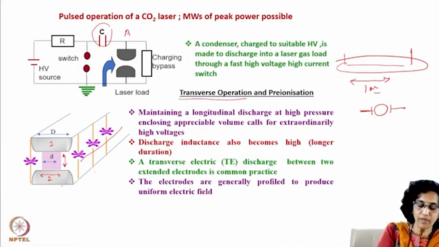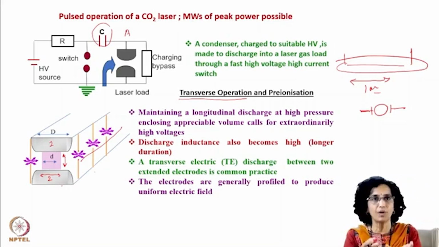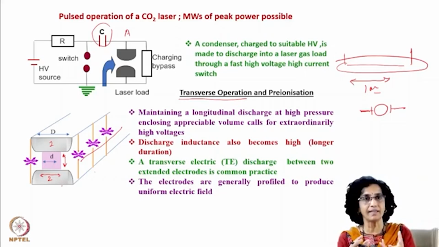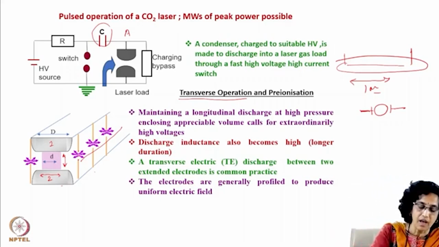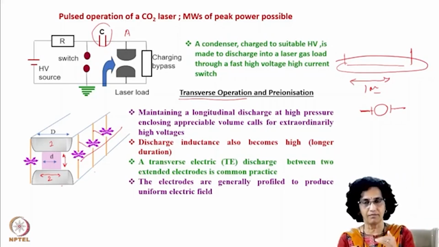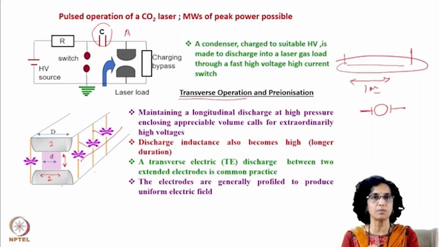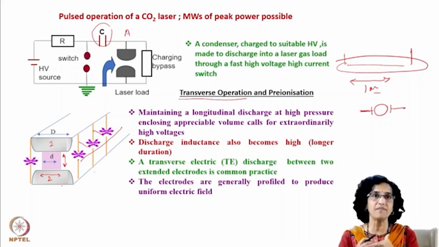So when you have sparks between these pins, what do you mean by spark? Along with the spark you also see light. In that light, along with visible light, there is also some UV radiation. This UV radiation goes into the interelectrode region and causes further ionization. This ionization increases the stray electron density from 10 to the power of 3 per cc to maybe 10 to the power of 7 per cc or so.